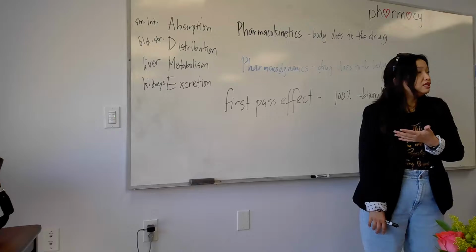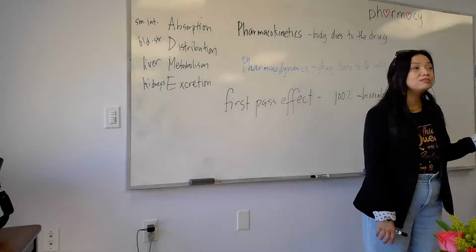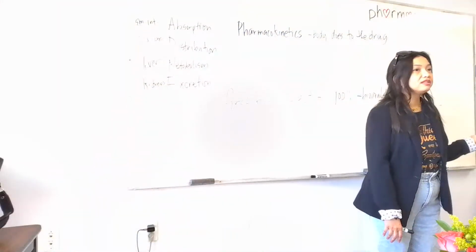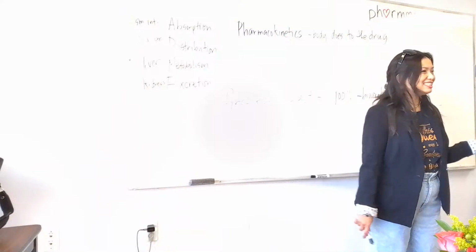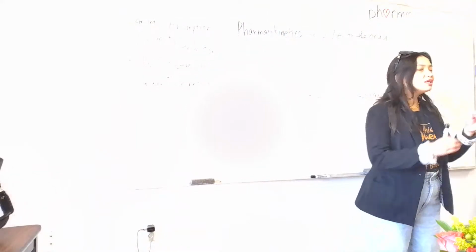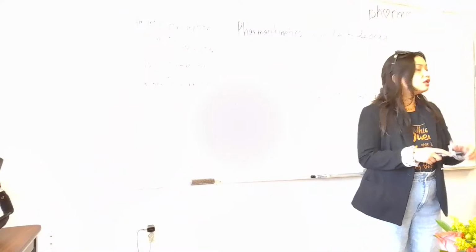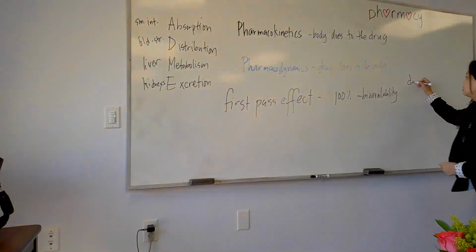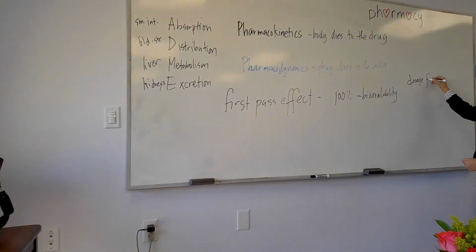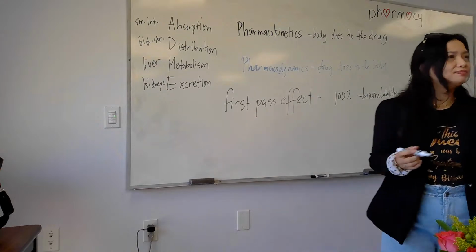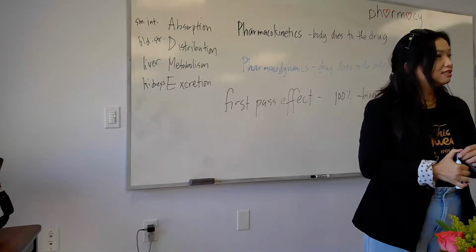The patient is just going to throw it up. So what's the best form we usually give? Suppository or injection. The terms I'm using, tablet, capsule, suppository, are called dosage forms. These are the dosage forms of the drugs, the form or the format that the drugs come in. Okay?